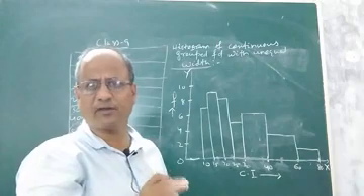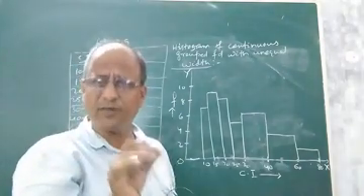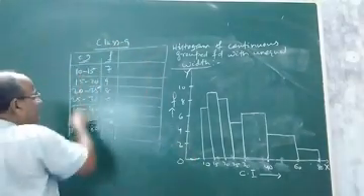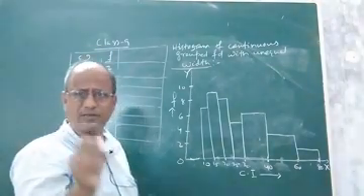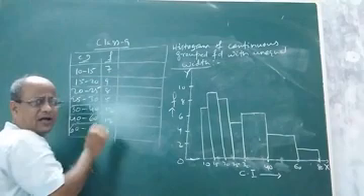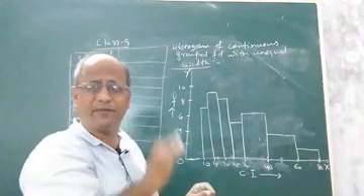Now, what will happen if we adjust the frequency? Whatever adjusted frequencies of each class interval are obtained. Here you see the frequencies 7, 9, 8 etc. So we have to adjust the frequency of each class.